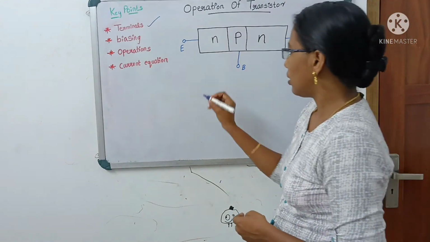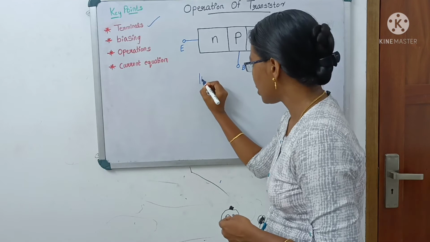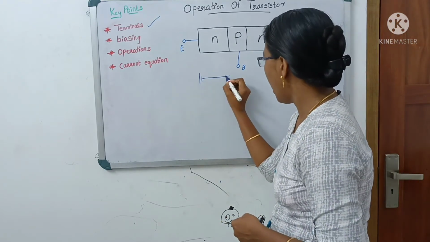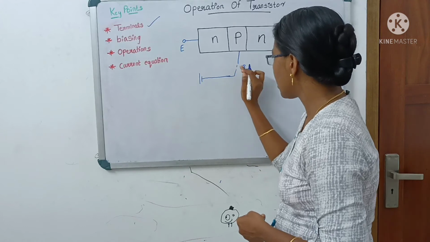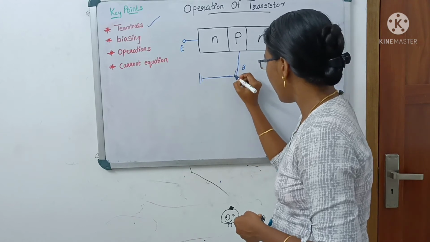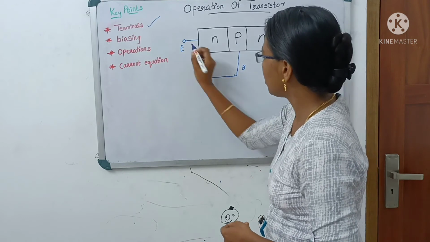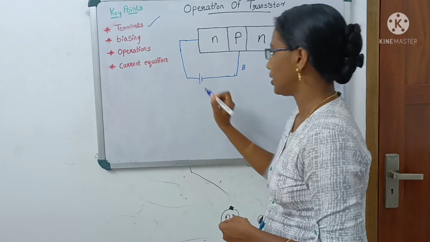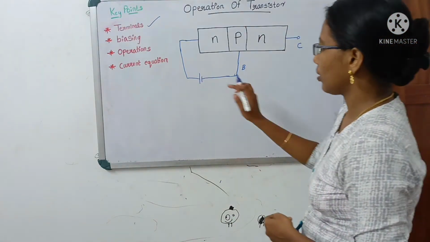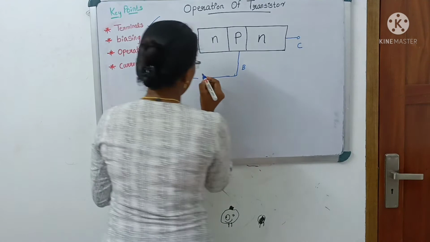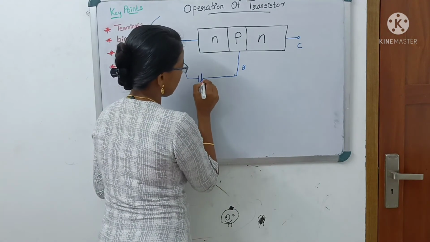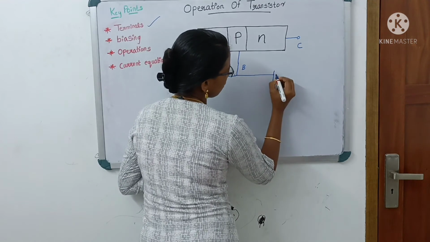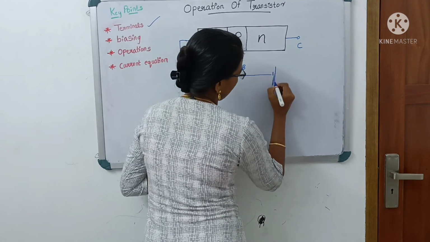Actually this is the representation of a voltage cell, and I am applying it like that to the base. The emitter terminal is connected to the positive. First I am connecting like this, and next one I am connecting like this.